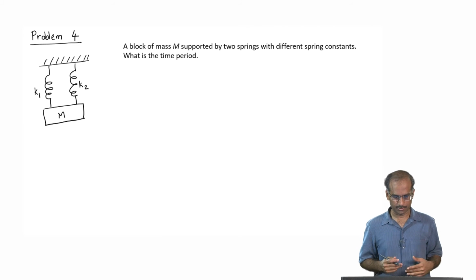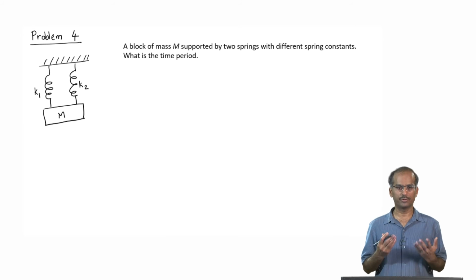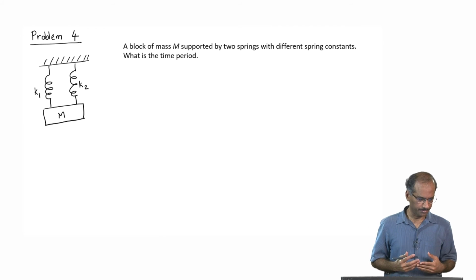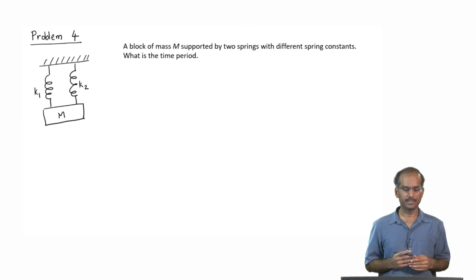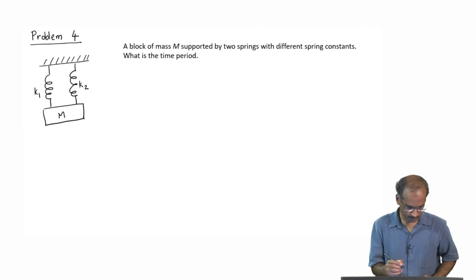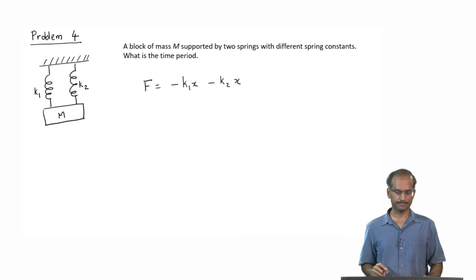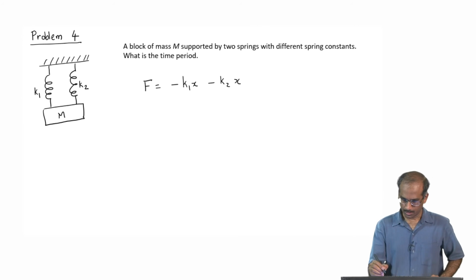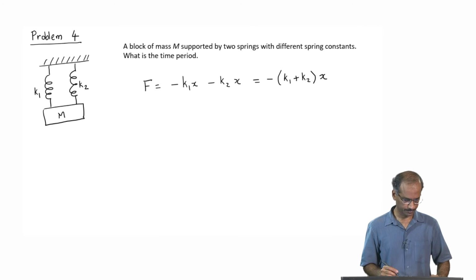So, we avoid that situation, in which case the extensions produced by both the springs will be the same, in which case the total restoring force would simply be the sum of the restoring forces. So, I could write it as minus k 1 x minus k 2 x. This will be equal to minus k 1 plus k 2 into x.